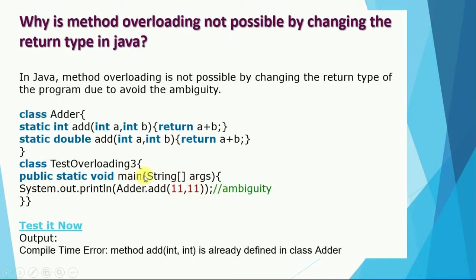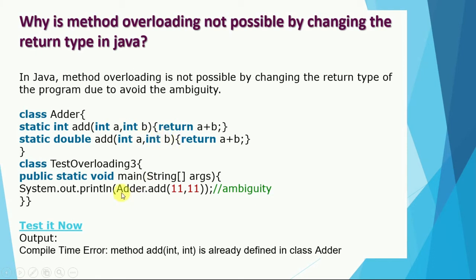The compiler will be confused and ambiguity will occur, because by changing only the return type, we can't apply method overloading. This method has two members, a and b, and that method also has two members, a and b.